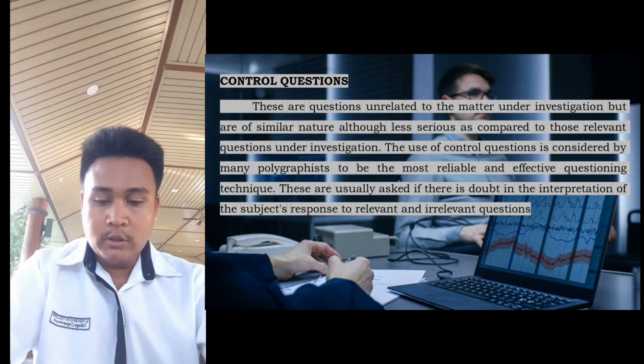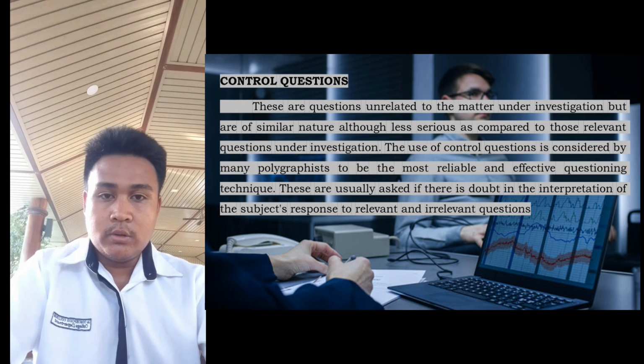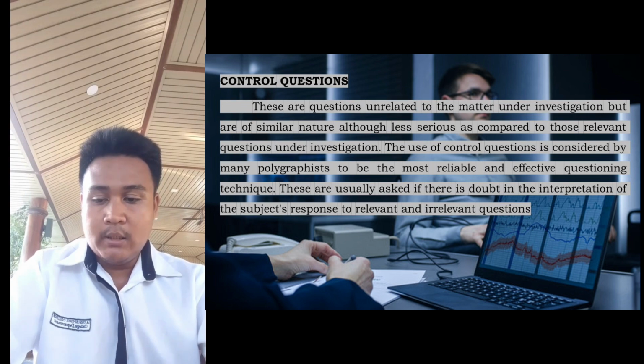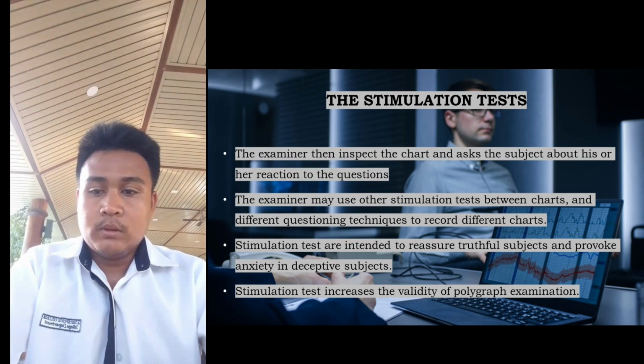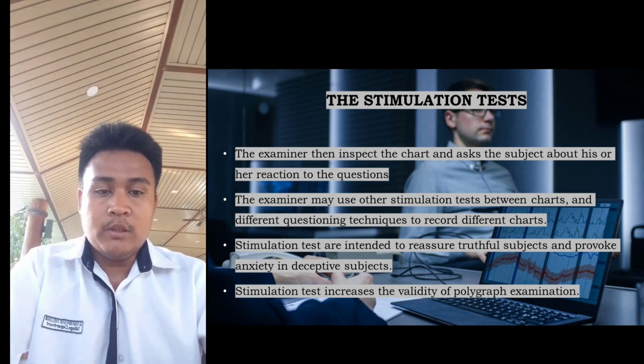Control question, that question irrelevant to the matter under investigation but similar to the relevant question, they ask if there is doubt in the interpretation of the subject's response to the relevant question. The stimulus test. The examiner inspects the chart and asks the subject his or her reaction to the question, whether they are truth or lie to the question.